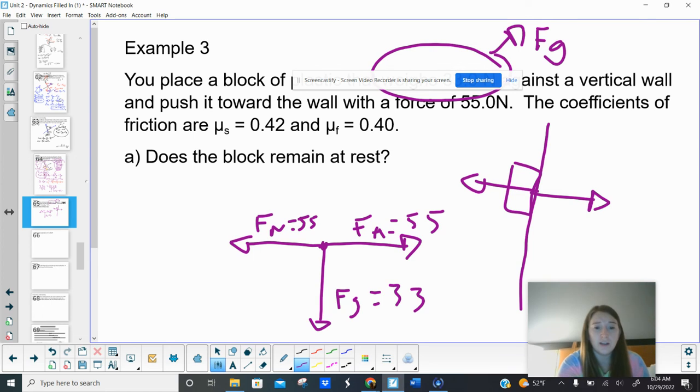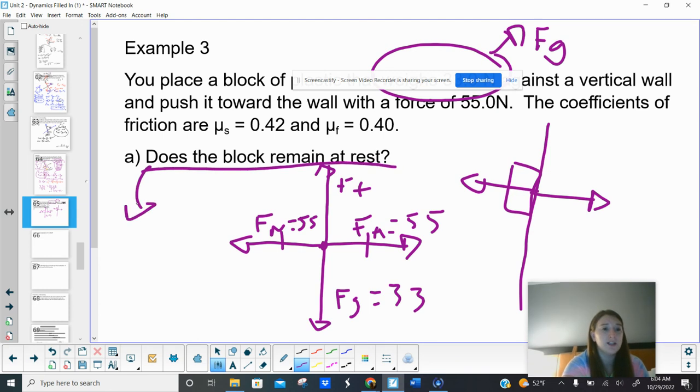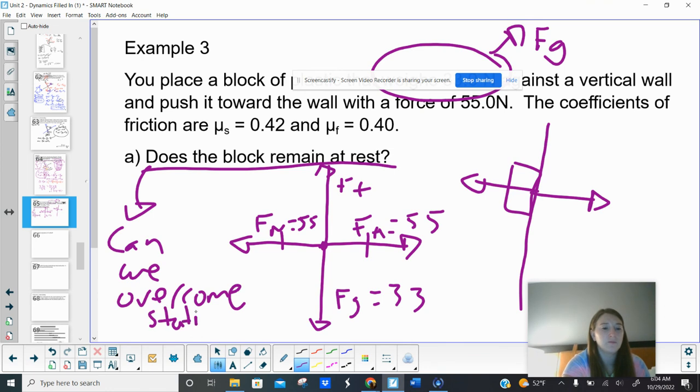Well, if these are equal, if the block is to remain at rest, what that means is the force of friction pointing upwards would need to equal the force of gravity. So we need to see, does the block remain at rest? What this question is saying is, can we overcome static friction or not?